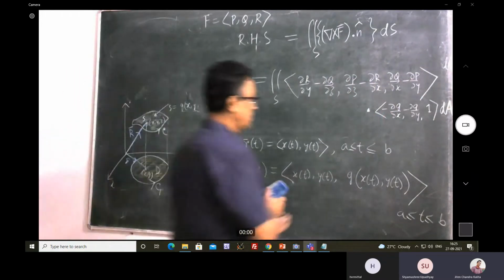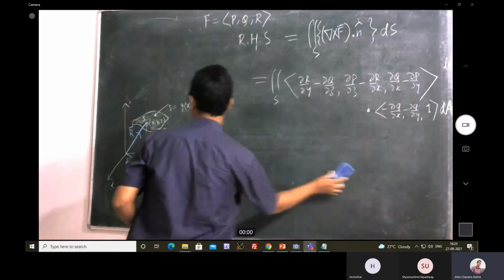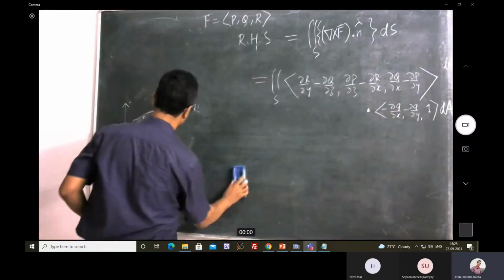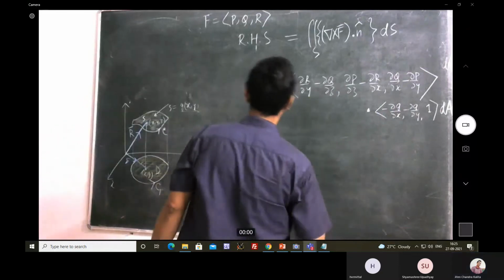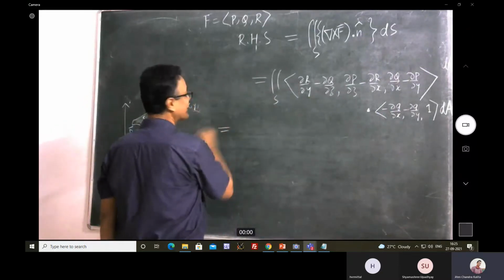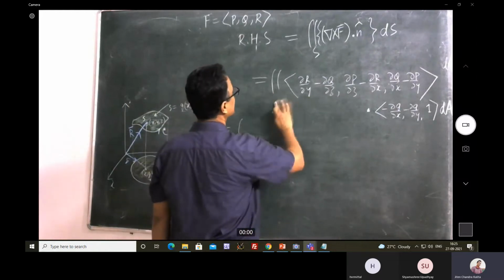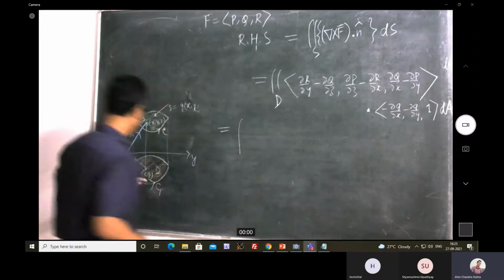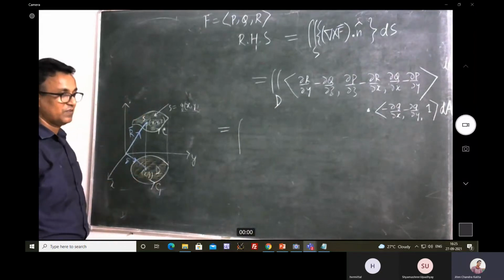Yeah, that's it. I love this figure, I don't want to erase it. So this is going to eventually be, and instead of S, this is going to be D, isn't it? Right?